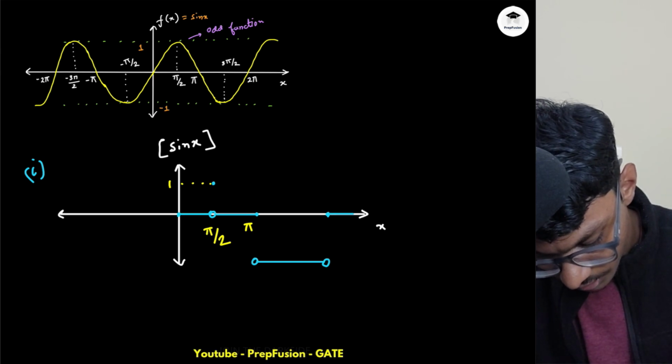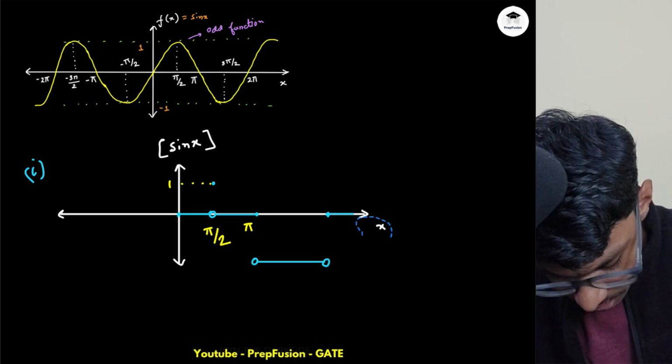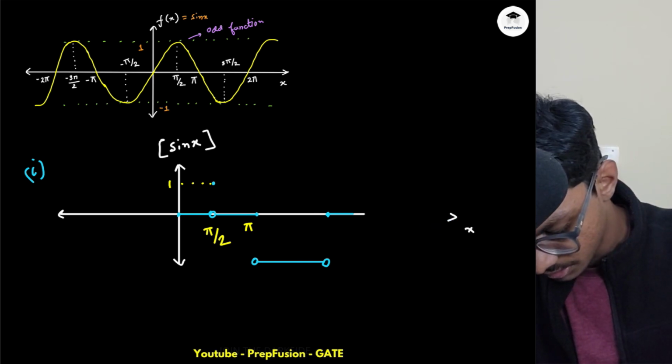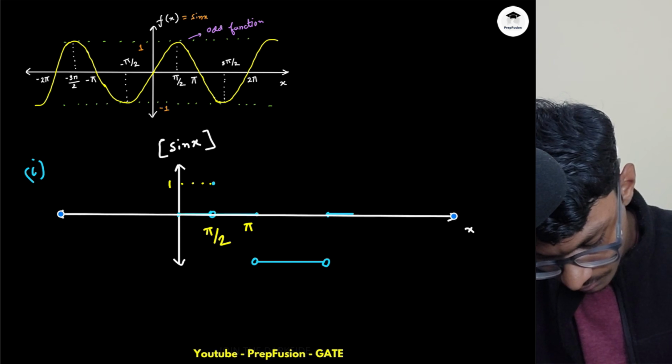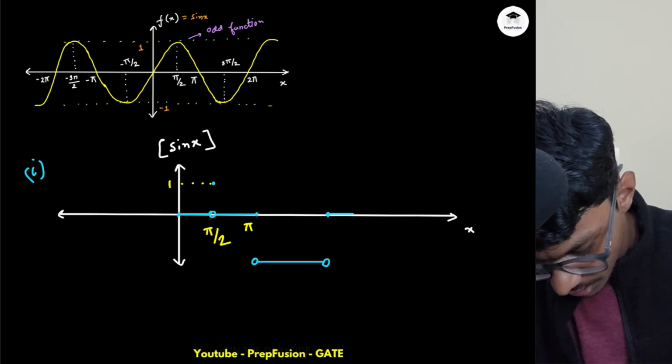Again I will have an open circle. Let me just copy this thing. And again I will have an open circle.